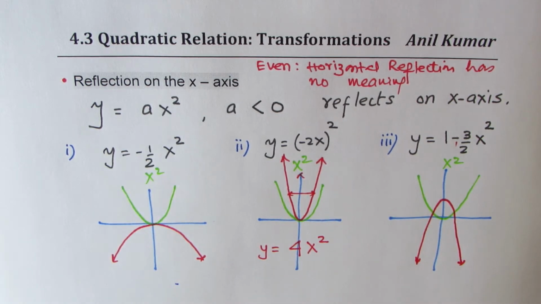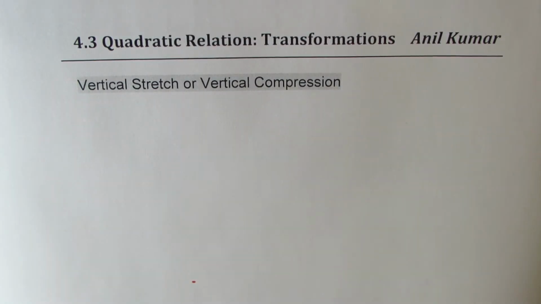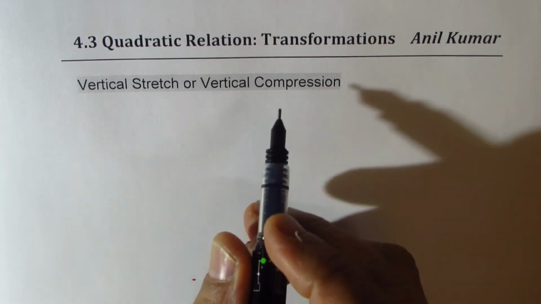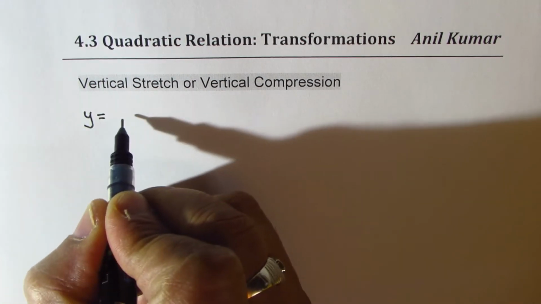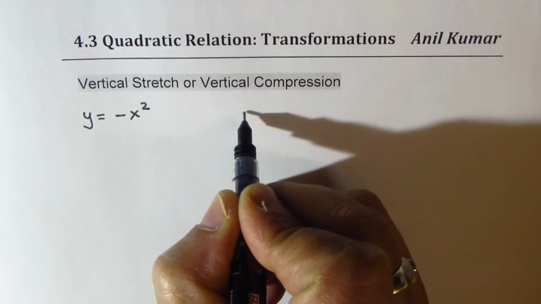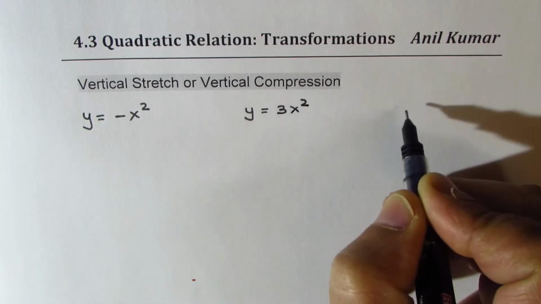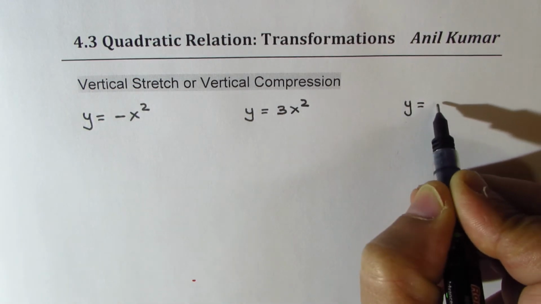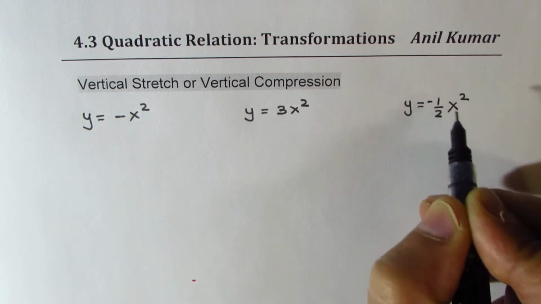Okay. Now let's move on and take up examples with vertical stretch and vertical compression. To understand vertical stretch or compression, let me take a few examples. Let's say y equals minus x squared, then y equals 3x squared, and y equals minus half x squared.